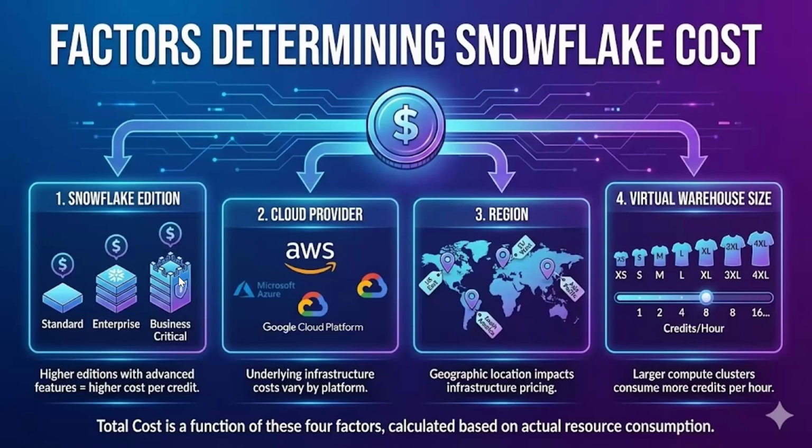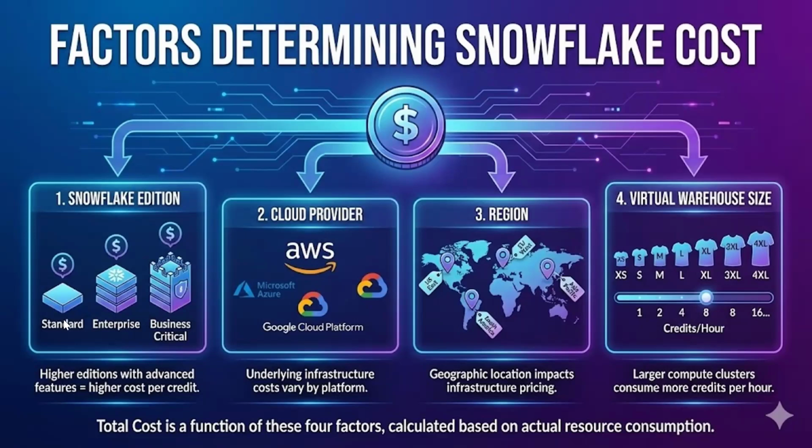The standard is very basic level; higher editions with advanced features mean higher cost per credit. Snowflake charges based on credits, and for every credit there is a cost, like $1 or $2. That cost will vary.